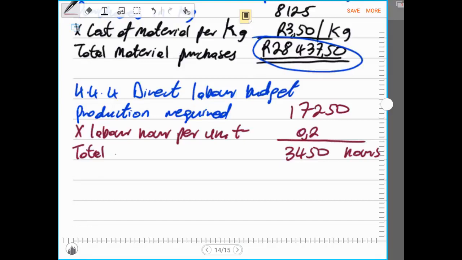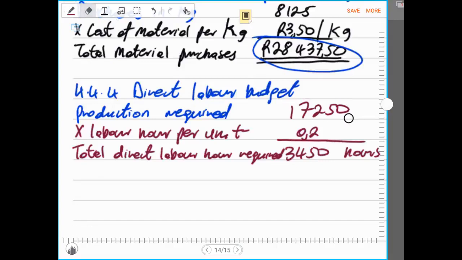Total direct labor hours required, which are the hours that are required to manufacture the 17,250 units.